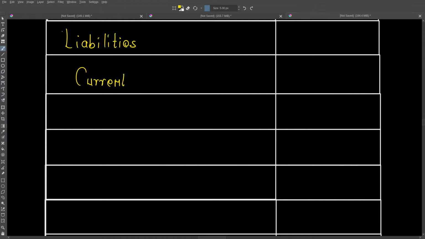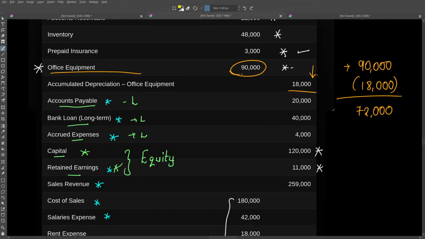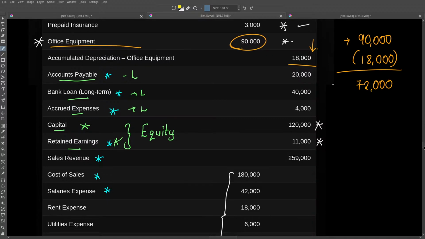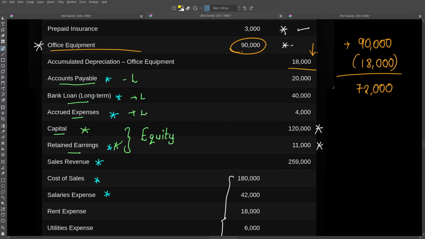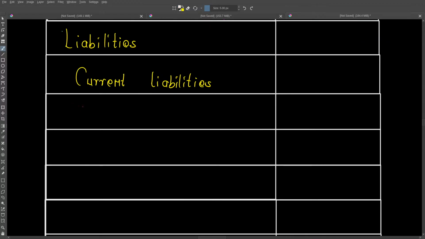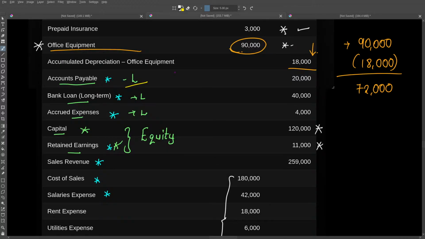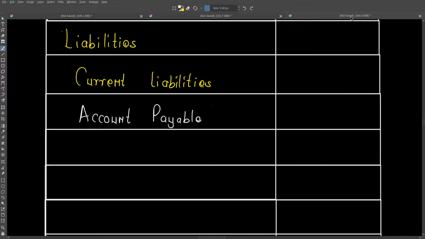Scrolling down, we first have accounts payable. This is a current liability because it is expected to be settled within a period of 12 months. We have a balance of 20,000, so we include 20,000 here.